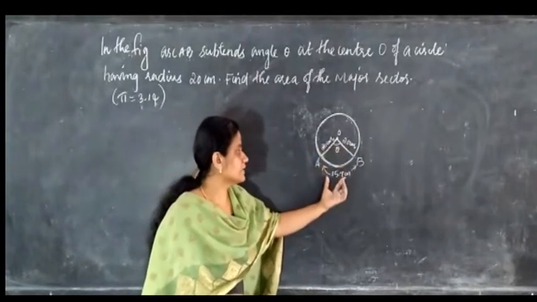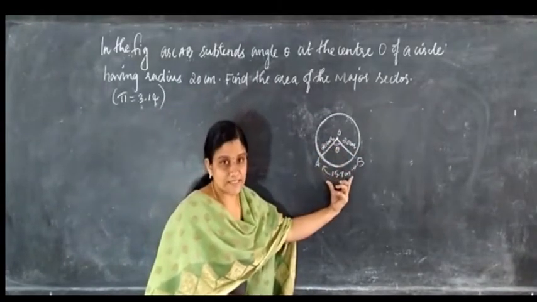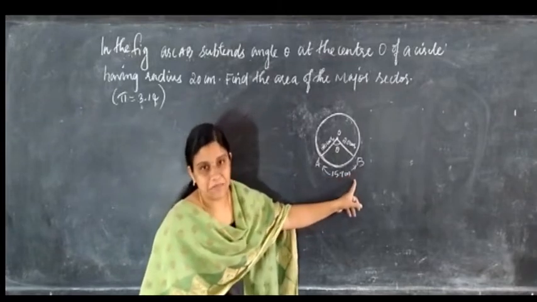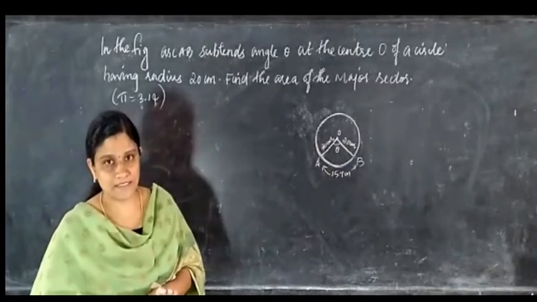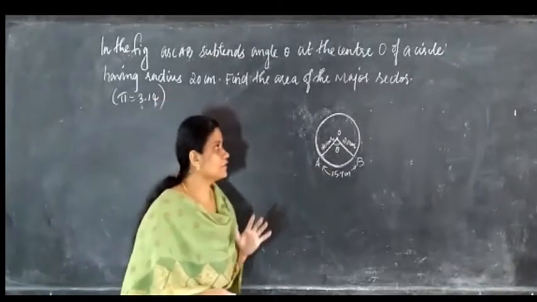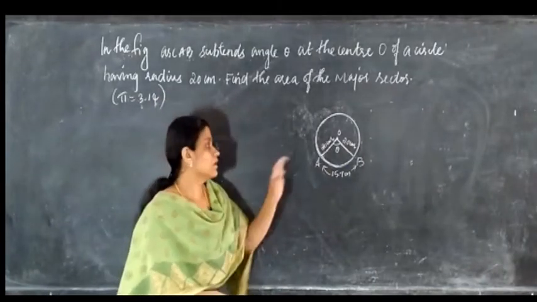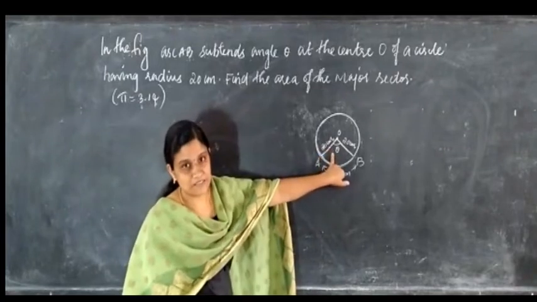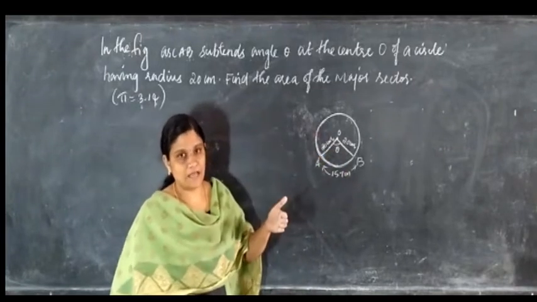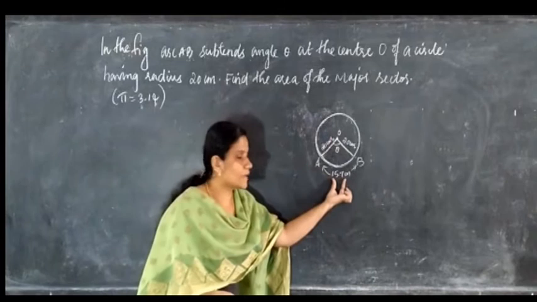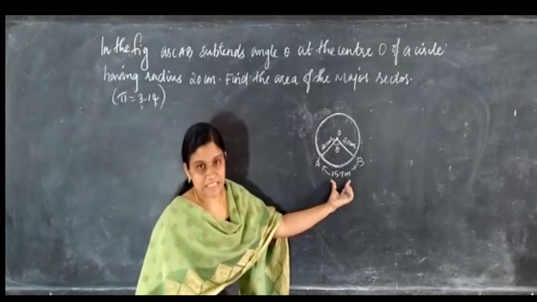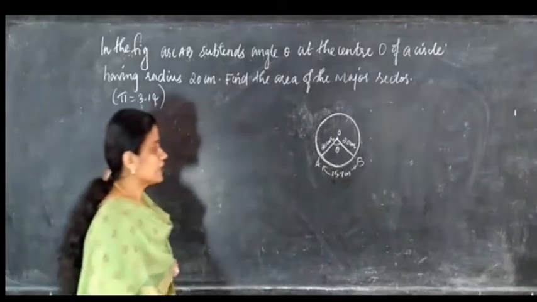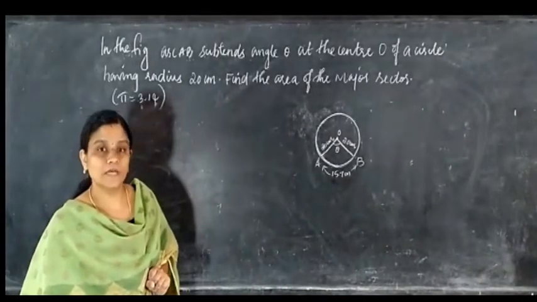One more thing is given to us: the length of the arc of the sector is equal to 15.7 centimeter. We have to find the area of the major sector. For that we need theta, and they have given us the condition length of the arc equal to 15.7 centimeter, so using that we are going to find the value of theta.